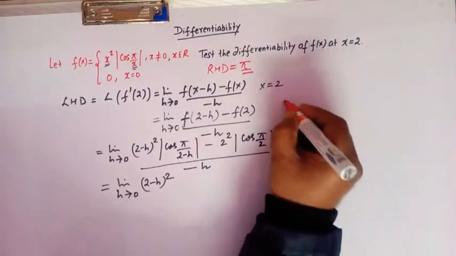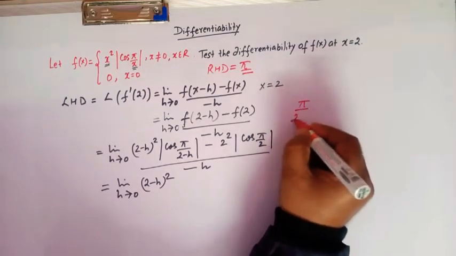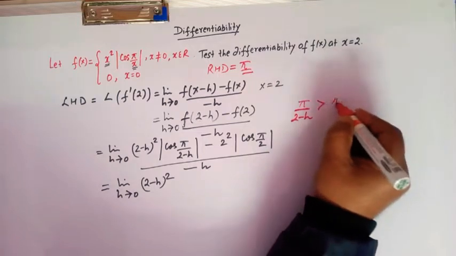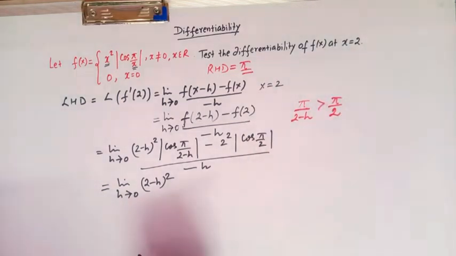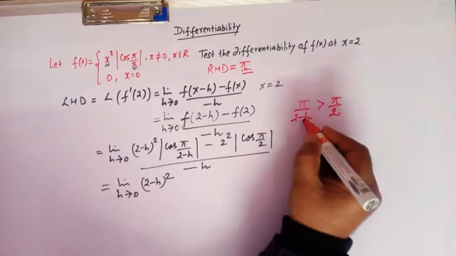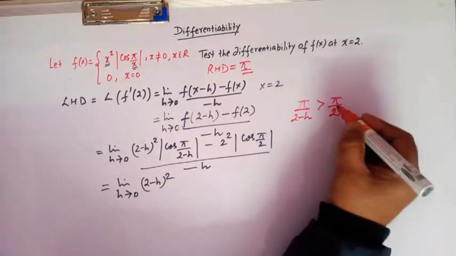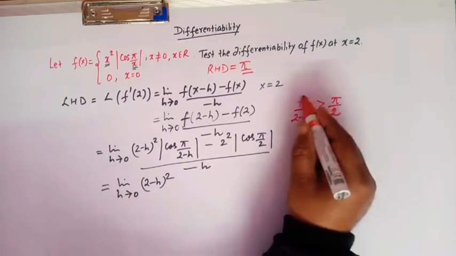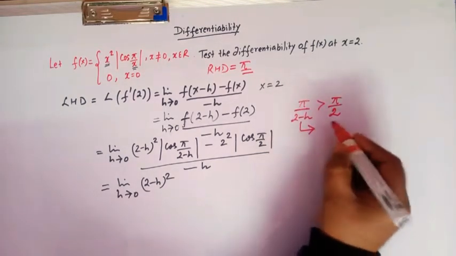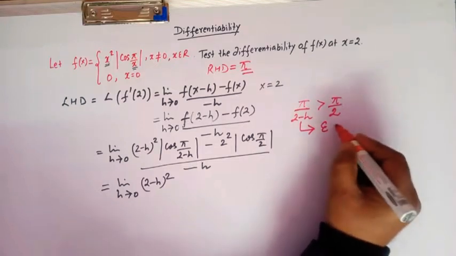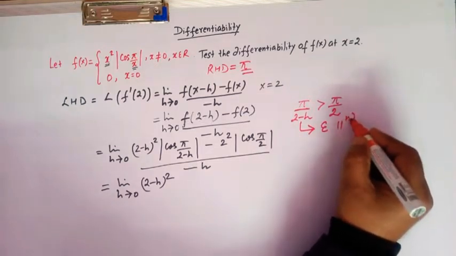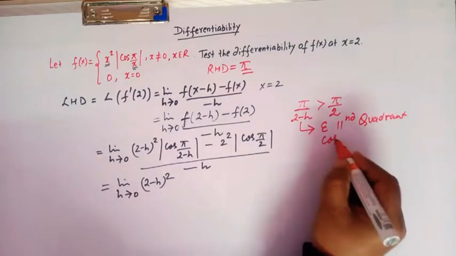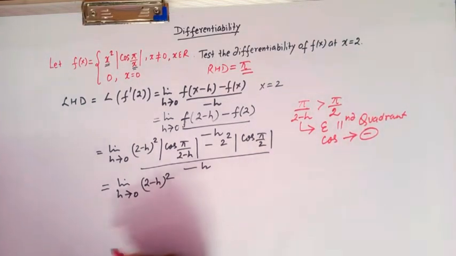See, pi over 2 minus h, this angle is always greater than pi over 2, right? So it means pi over 2 minus h is greater than 90 degrees, and this shows that this angle lies in the second quadrant, right? In the second quadrant cosine function is negative, right?